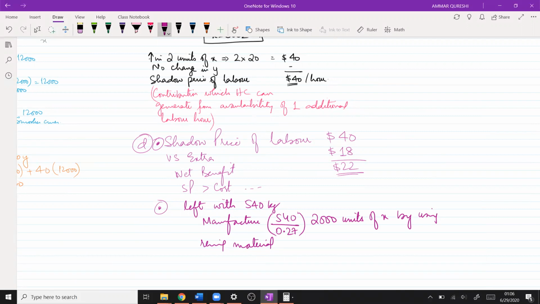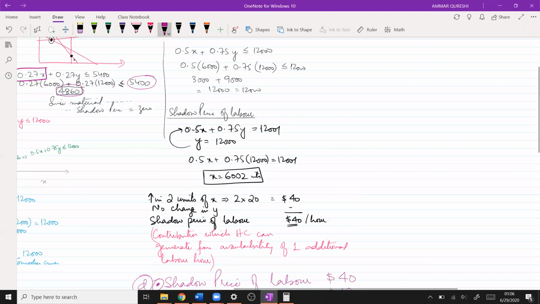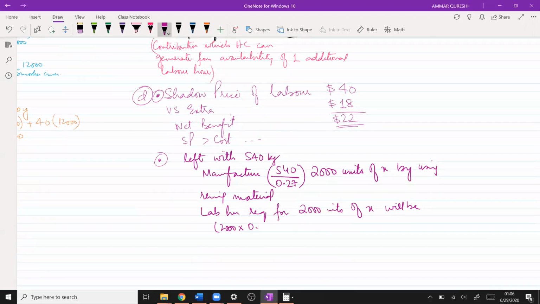Now, how many labor hours will be required for 2000 units of X? 2000 times 0.5 hours. So that means if you contract for 1200 hours, then till 1000 hours you can utilize.